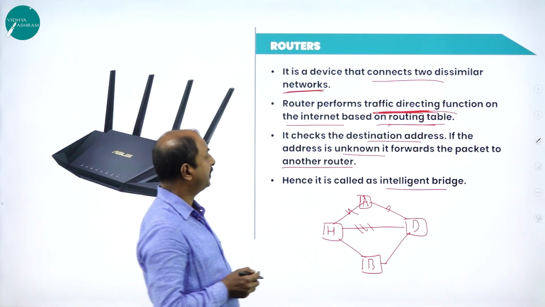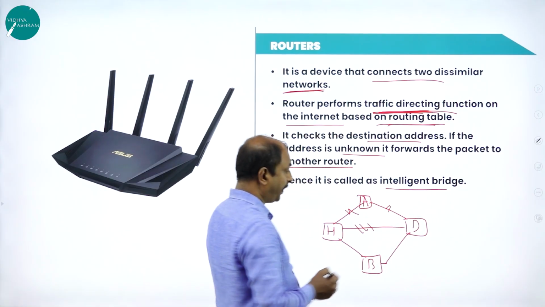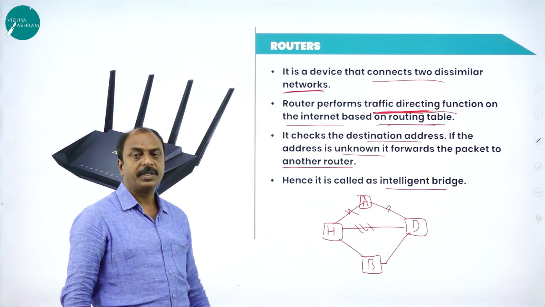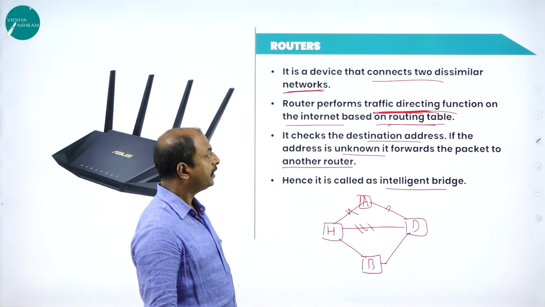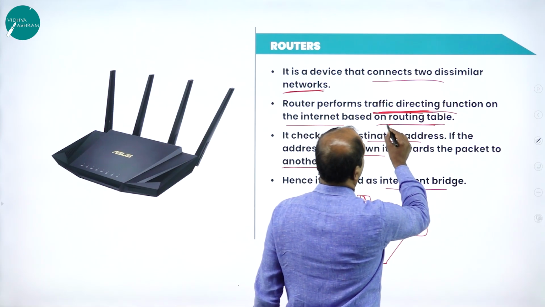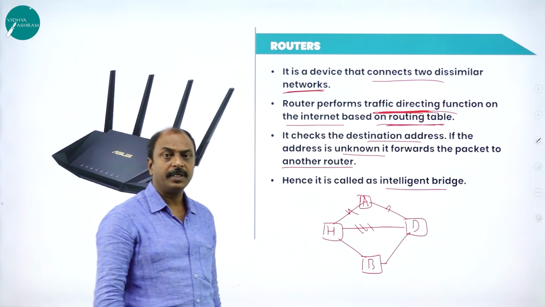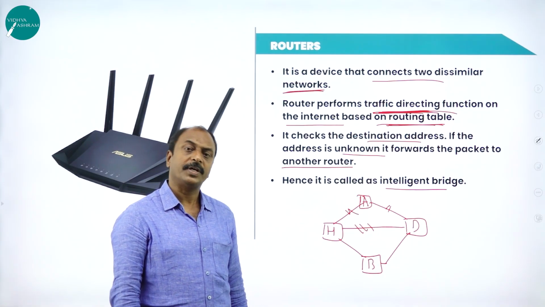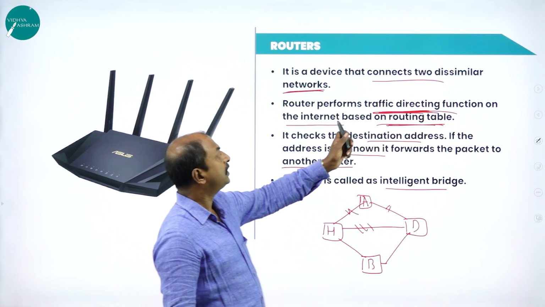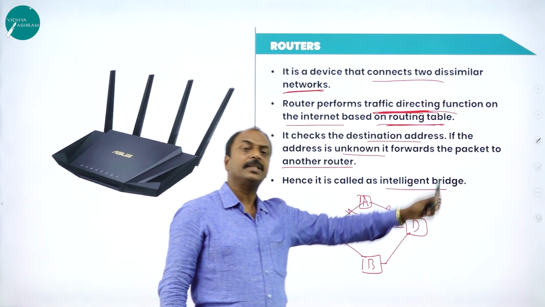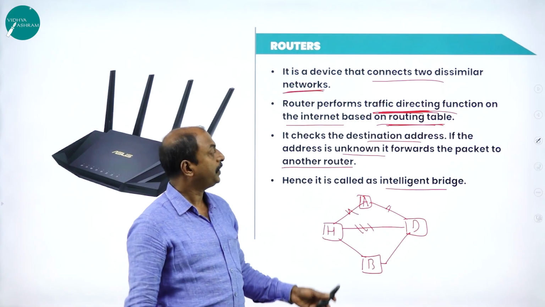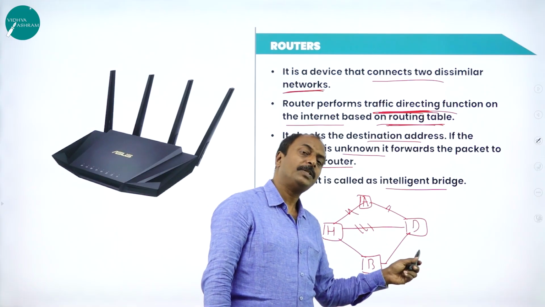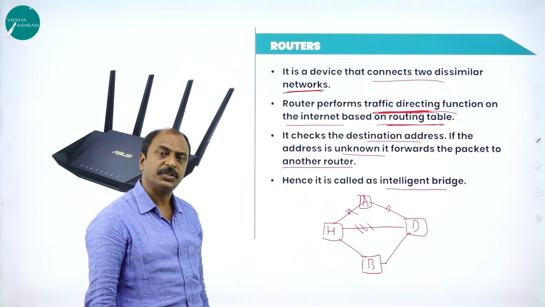That is why it is also called an intelligent bridge. This is the network device, the router. Also note down the routing table. The routing table is maintained at each and every router of a network. Based on the data in the routing table, it takes the best path between the host and the destination.